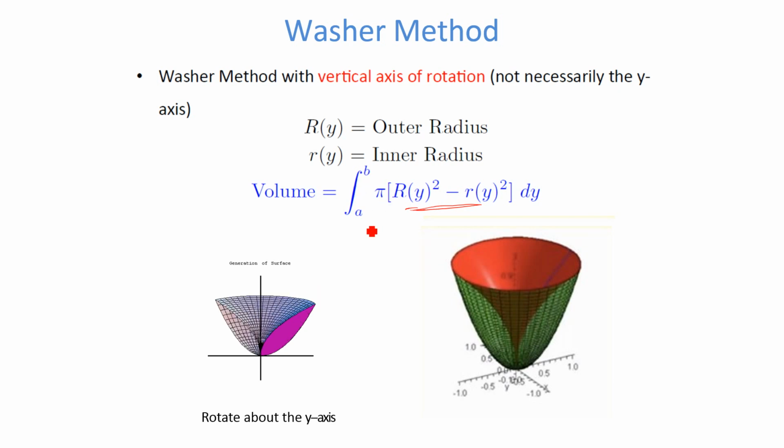And by taking the integral of the area of one cross section, we have the volume. So when we are rotating about a vertical axis, the function is going to be a function of y, and when we are rotating about a horizontal axis, the function is going to be a function of x.